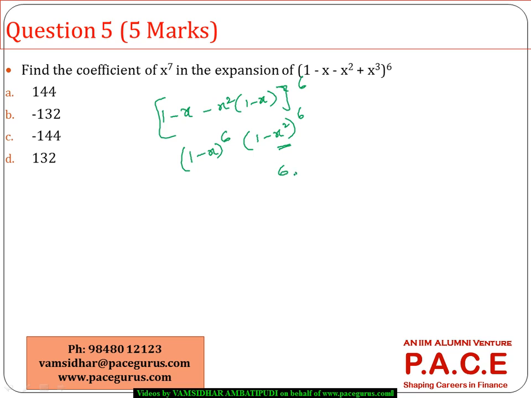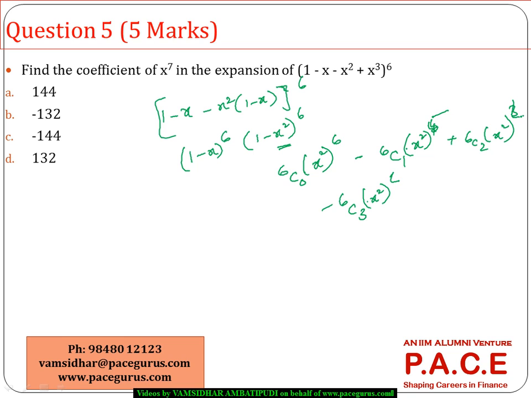So this will come out as 6c0 into x squared to the power 6 minus 6c1 into x squared to the power 5, plus 6c2 into x squared to the power 4, minus 6c3 into x squared cube, plus 6c4 into x squared squared, minus 6c5 into x squared, plus 6c6 into x squared to the power 0.